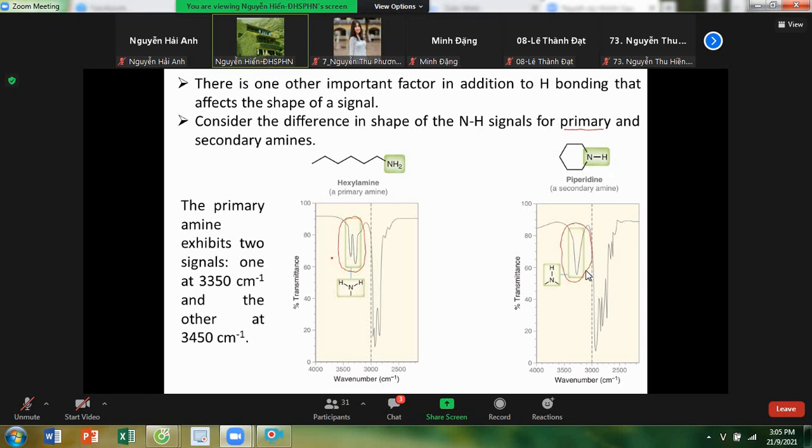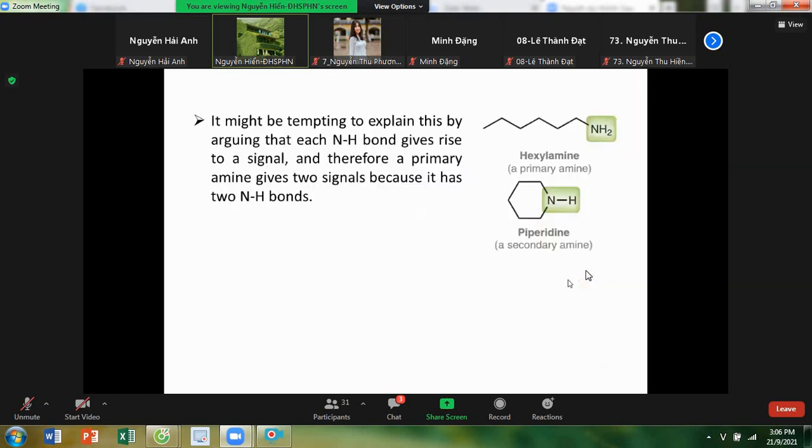We say in this case we have two spikes. In the case of secondary amines, you see only one signal. It looks a little bit broader, a little bit wider than the signals of primary amines. So what is the reason for this?